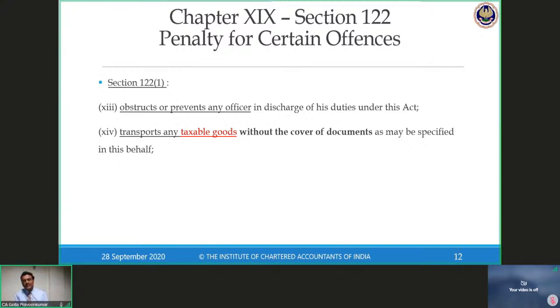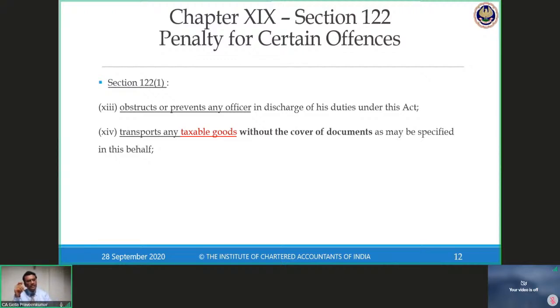Examine the penal provisions where an e-waybill was not issued, where we will refer to this term called taxable goods. E-waybill is required only when the goods are taxable. If exempted, Rule 138 says that there is no requirement to issue an e-waybill. Offence under Section 122 does not get invoked. So please refer only when there is a transportation in relation to taxable goods without cover of a document.